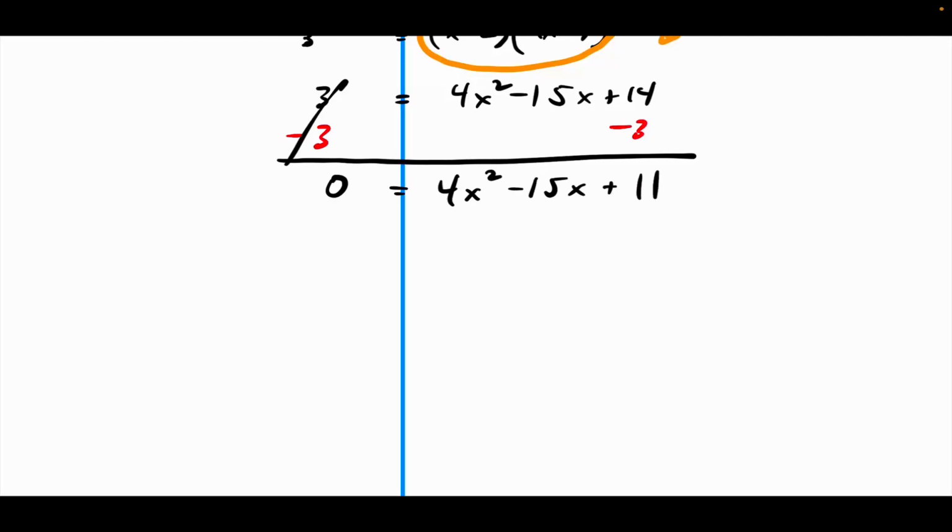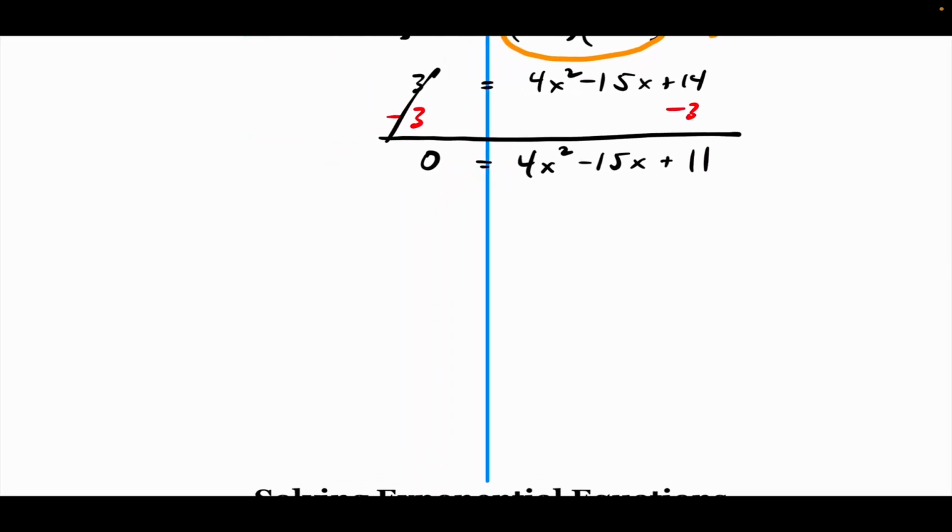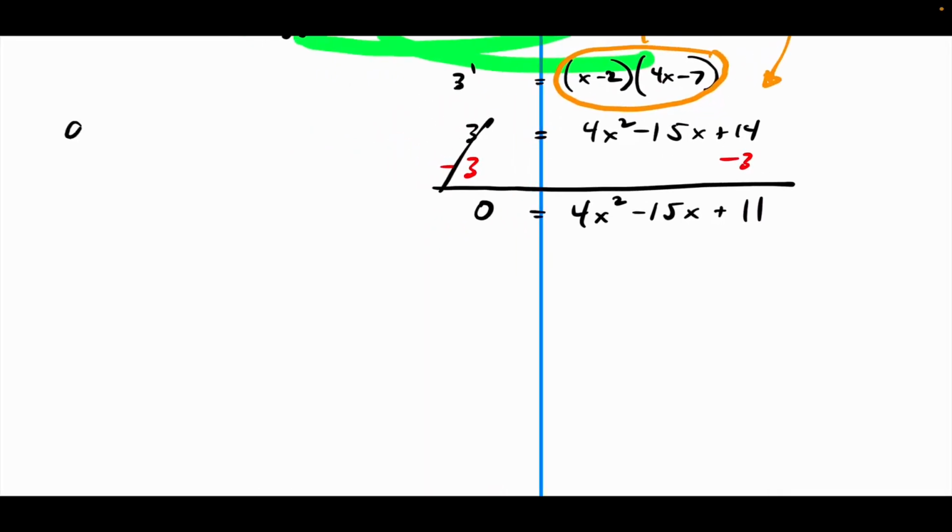Plus 11. There's nothing I can divide that goes into 4, negative 15, and 11. There's nothing there, so skip GCF, ABC. 4, negative 15, positive 11.